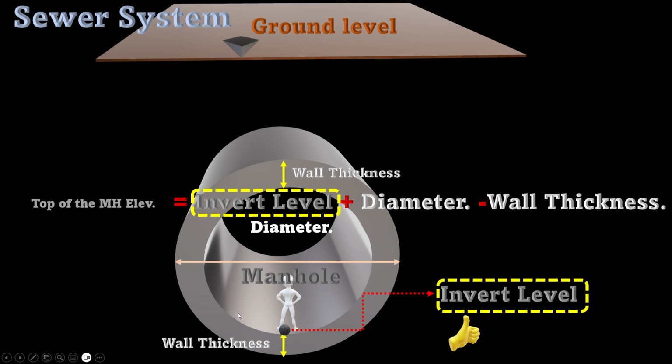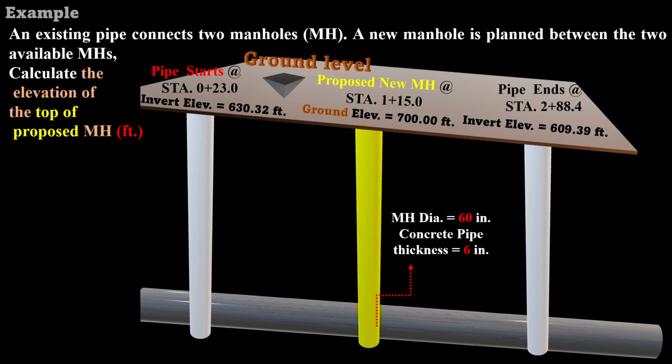So let's jump to our multiple choice question to see how we can calculate the top elevation of a proposed manhole. We have an existing concrete pipe which connects two manholes. This is one of them, this is the other one, and we want to create a third manhole in between these two.